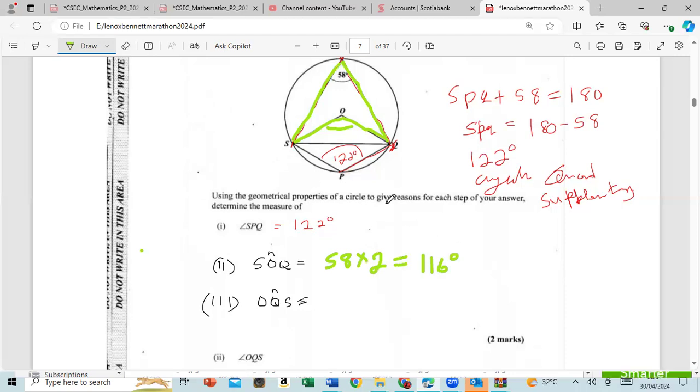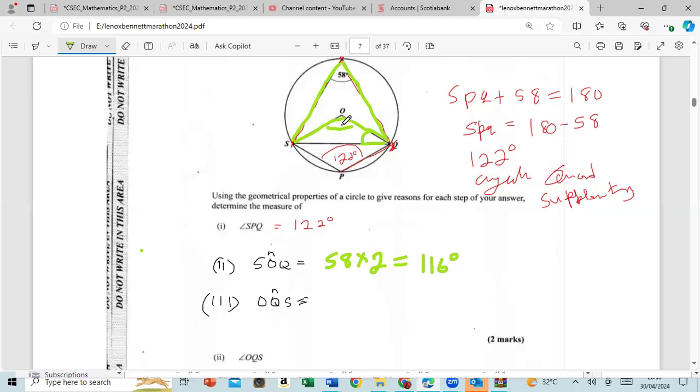Alright, and then now they ask for OQS. Remember, I added in this one because I want you guys to have a lot of fun. But they want this one now, which is OQS. So they don't want all of it. They just want you to go here, this part, that little piece here. But remember, we already calculated this, right?